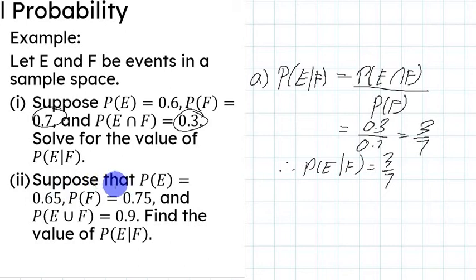So the second one, suppose the probability of E is 0.65, the probability of F is 0.75, and the probability of E union F is 0.9.